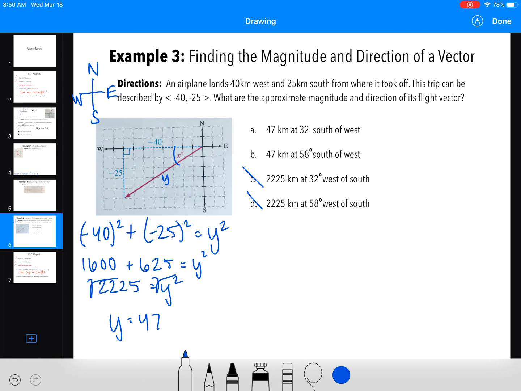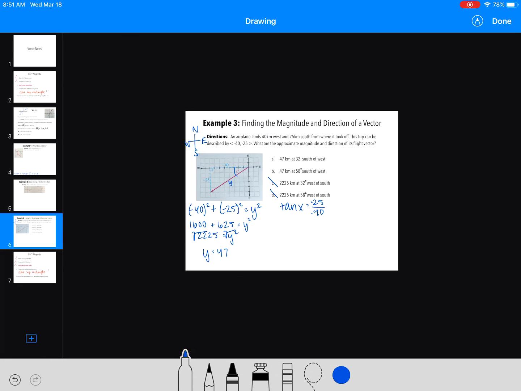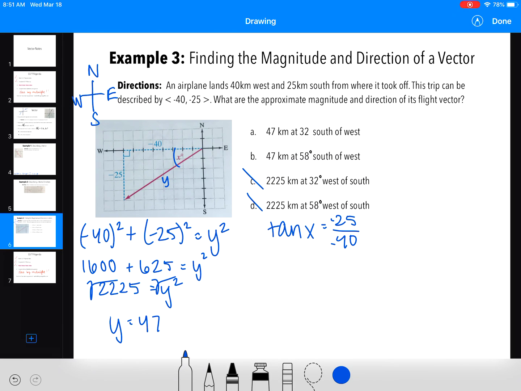So now I just need to solve for that angle. Well, I have an opposite and I have an adjacent, so I'm going to use tangent. Tangent of x is equal to 25 over 40. Oh, negative. Okay. I'm going to take the inverse, switch my side measure and angle to solve for x.